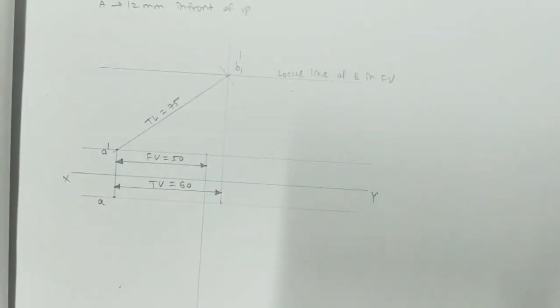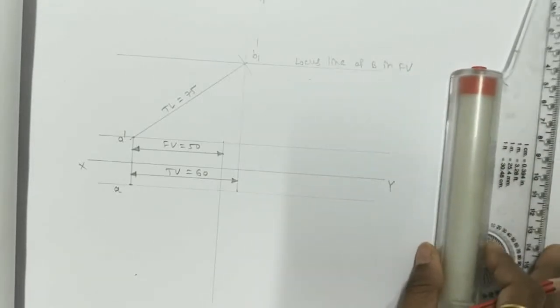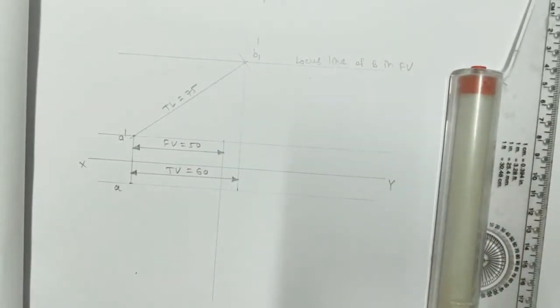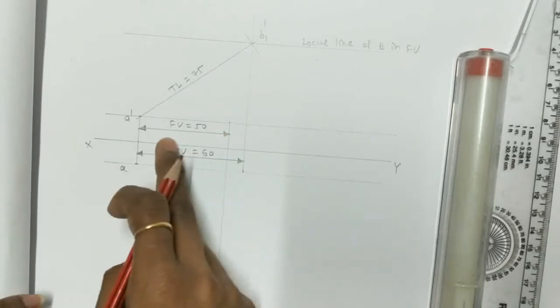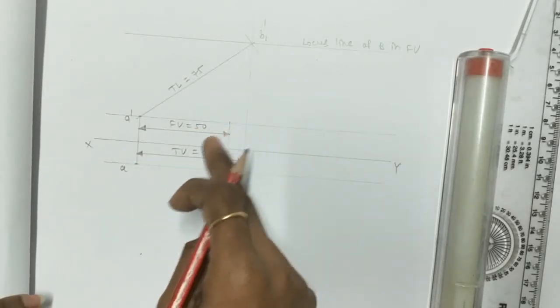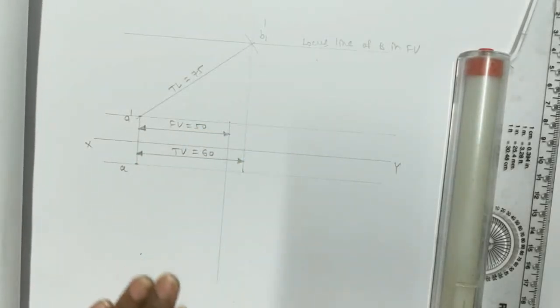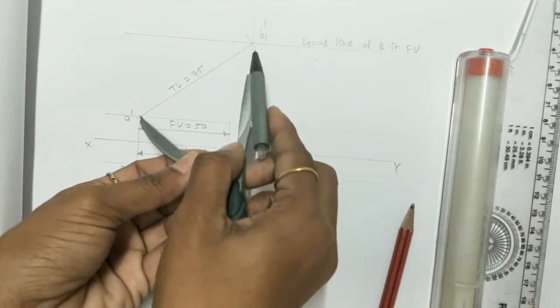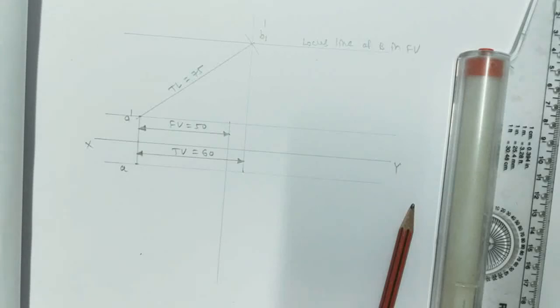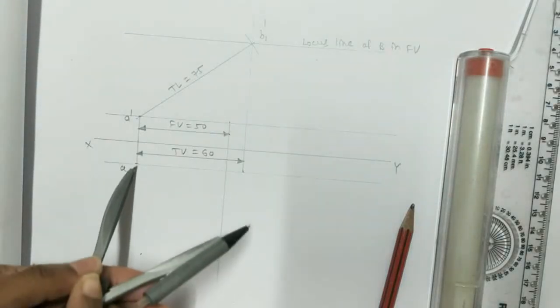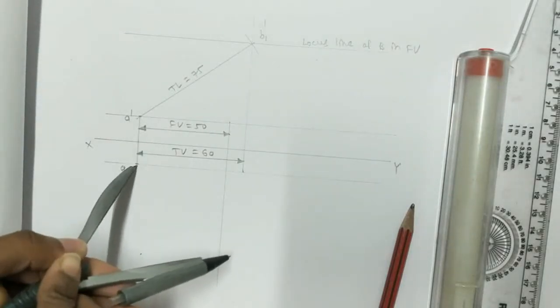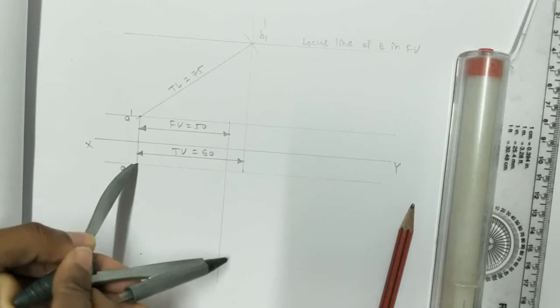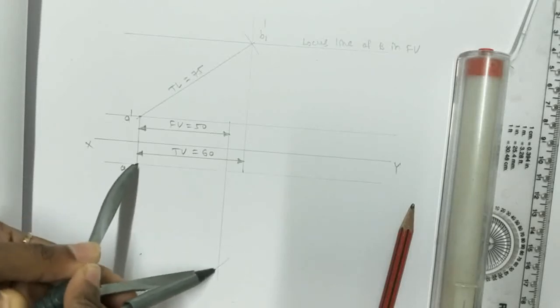Now I have drawn the vertical line from front view 50 distance. Now measure 75 mm, that is true length, in your rounder and draw an arc taking A point as center.